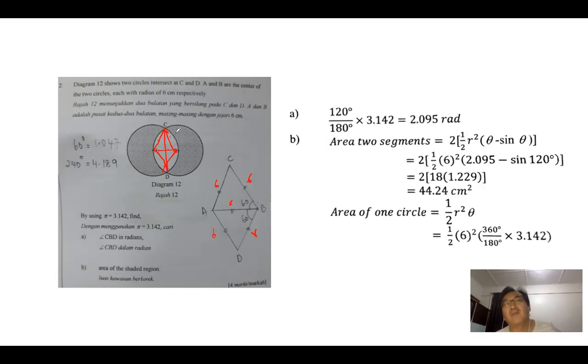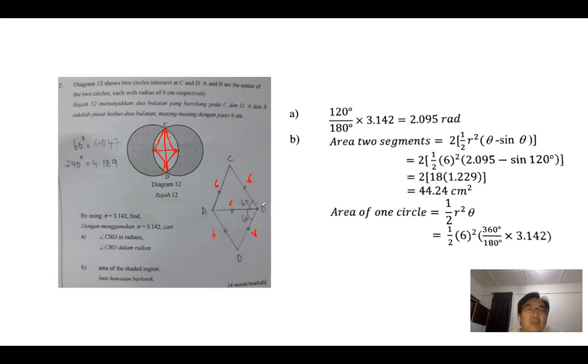Okay, and then the shaded region. So actually you just find the two areas and then you minus the two segments here. Sorry, it's 120. CBD here. Oh, sorry, I thought it's CBA.